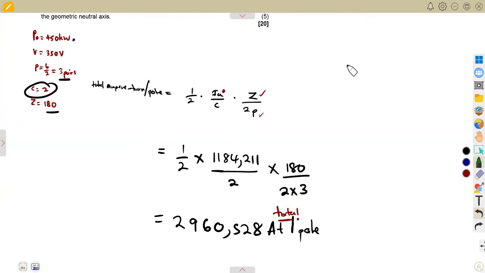But there's a compole that they are saying. For a compole, we are given a condition there: 1.3 times the armature, the total, which is the total actual.